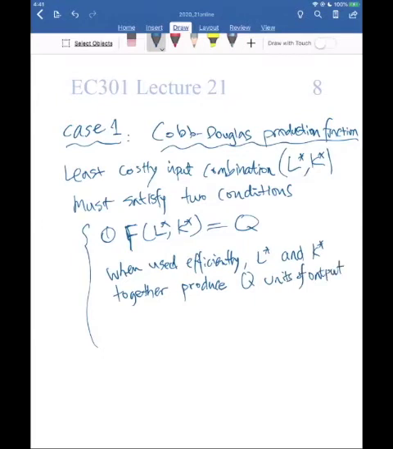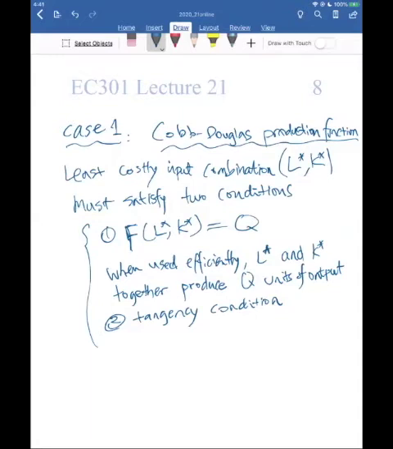So if you want to find the least costly input combination L star, K star that produces Q units, we better find an input combination that actually produces Q units, whether or not it's least costly. But then the second condition, the tangency condition, guarantees us that this L star and K star combination will be the least costly input combination.